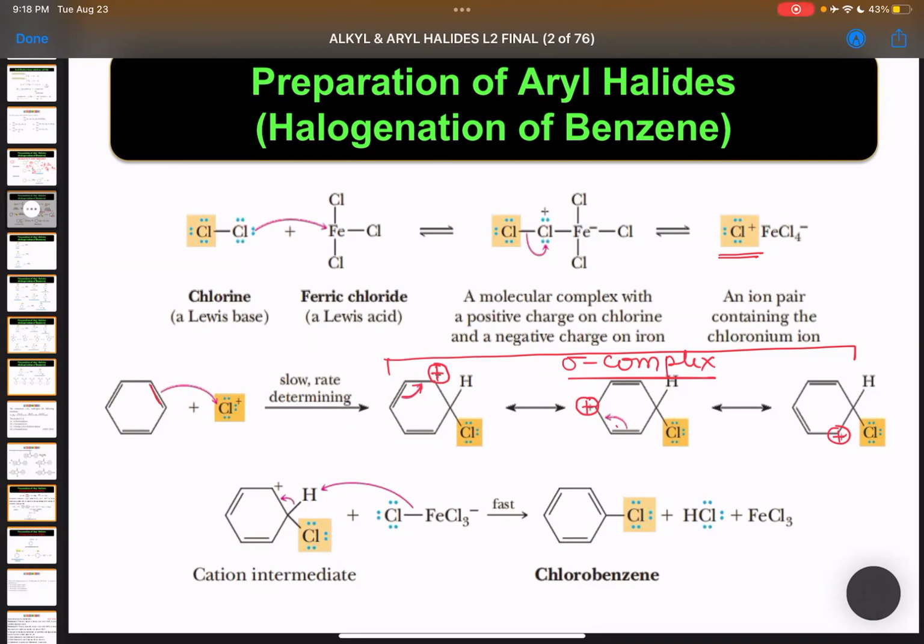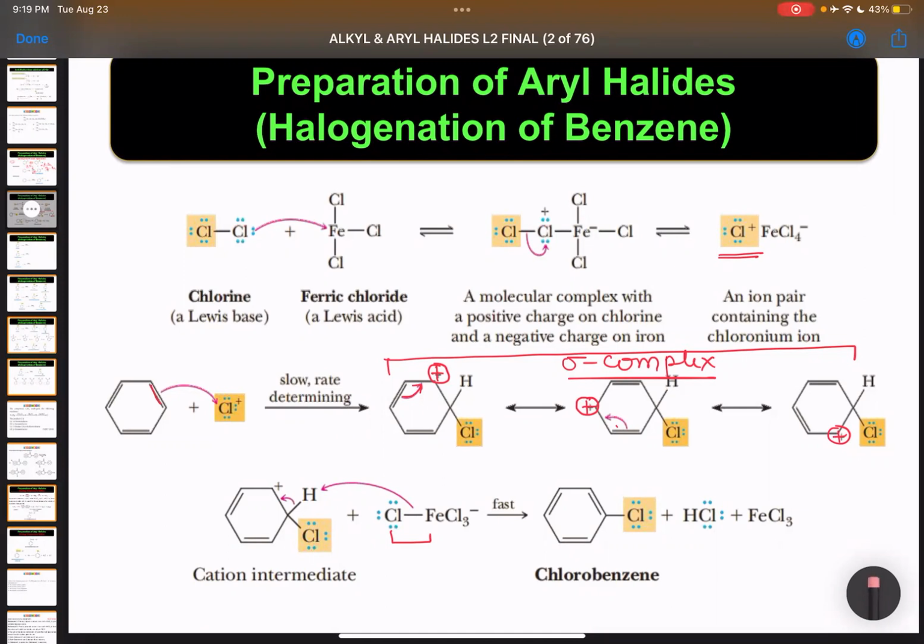So how will we get back to our benzene ring? What happens here is, remember this Cl minus which was taken away by the Lewis acid catalyst, or the Br minus which was taken away by the Lewis acid catalyst, leaving behind Cl plus.